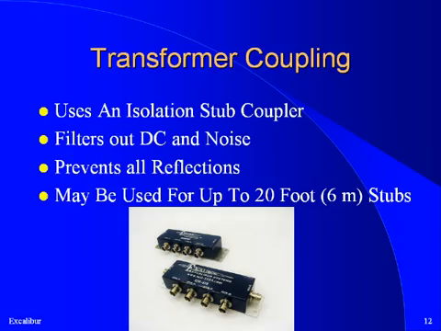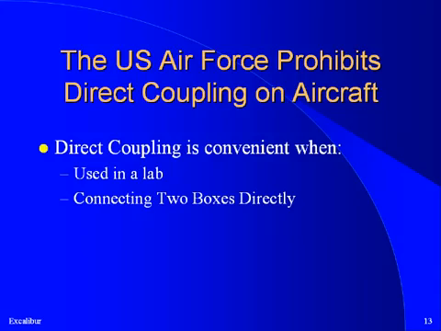Because the signal is cleaner, the spec allows stub cables connected via transformer couplers to be up to 20 feet long. Direct coupling is never used on aircraft, but can be used in a laboratory test environment.